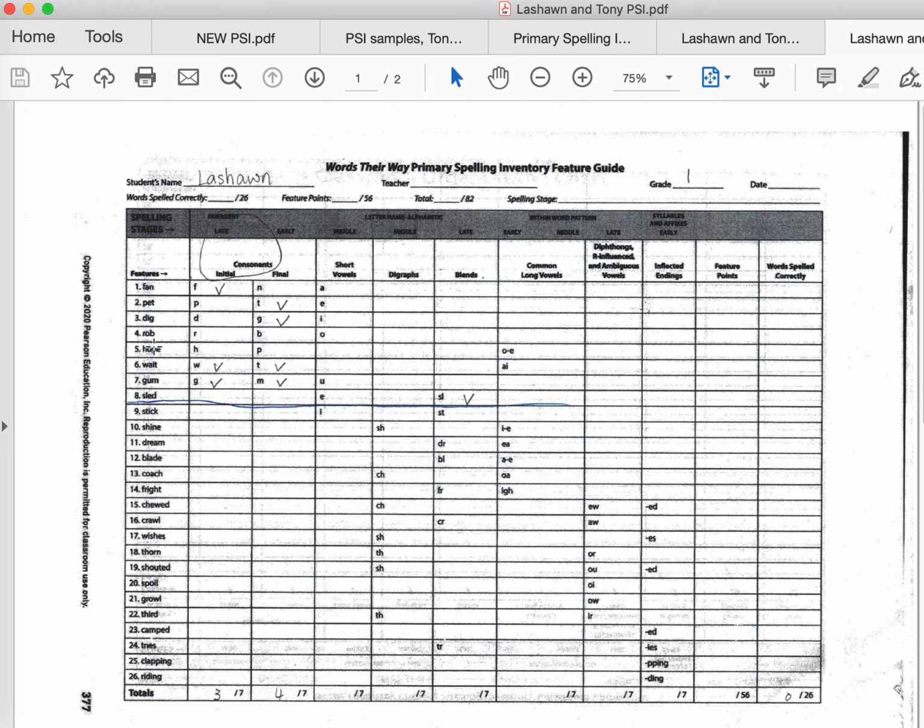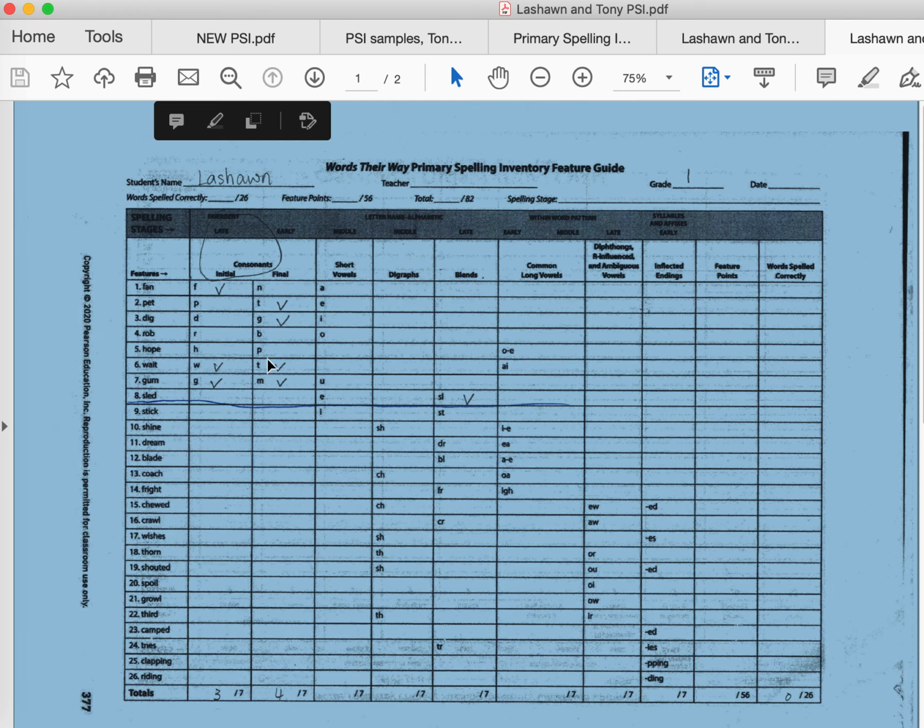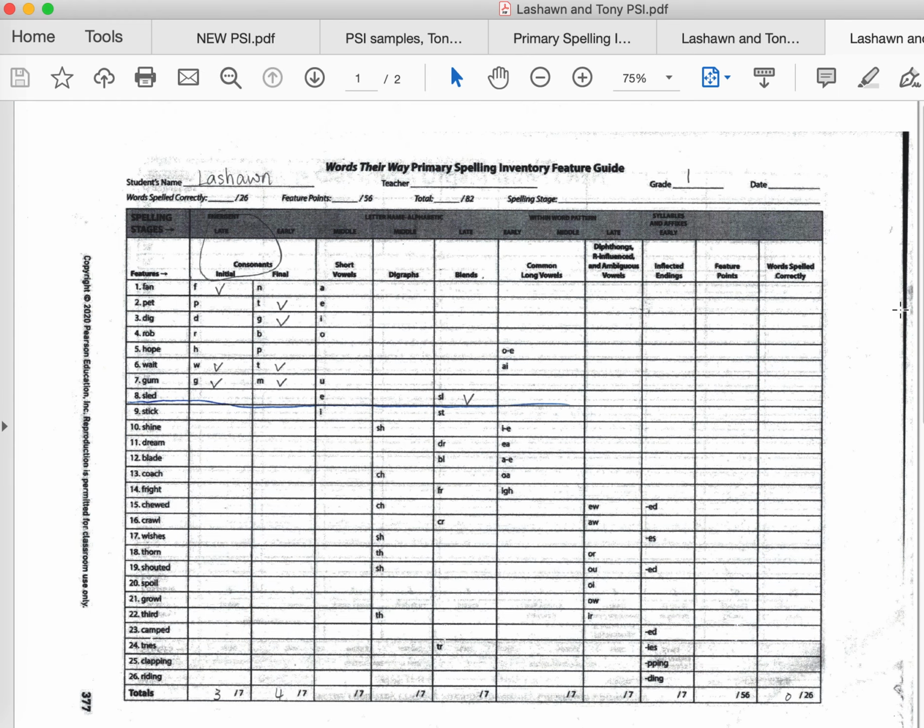The third word spelled is dig. And Lachon wrote TG.